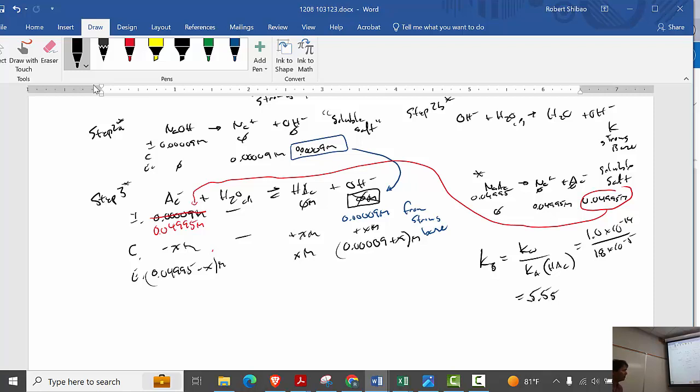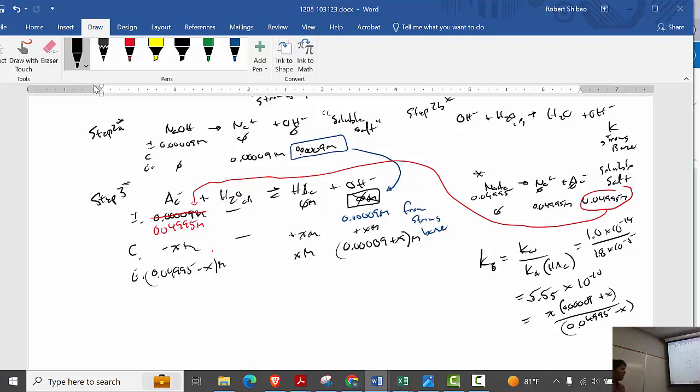We're only allowed 2 sig figs. I'm going to carry 1 extra and not round it. Times 10 to the minus 10. Okay, this is going to equal the acetic acid concentration, which is X, times the hydroxide concentration, which is 0.004009 plus X, divided by the acetate concentration, which is going to be 0.04995 minus X.